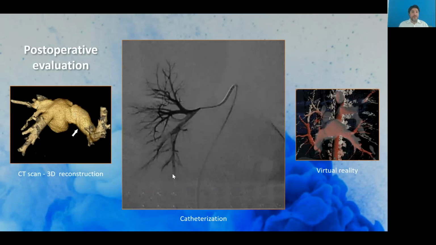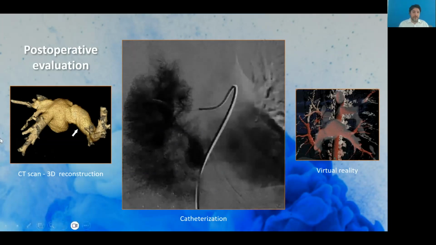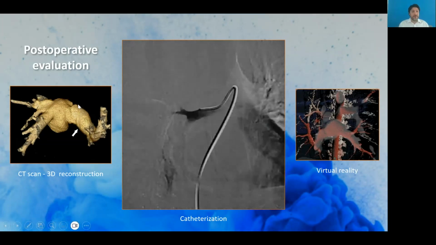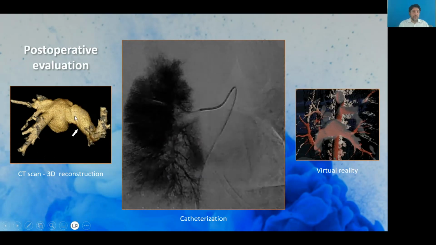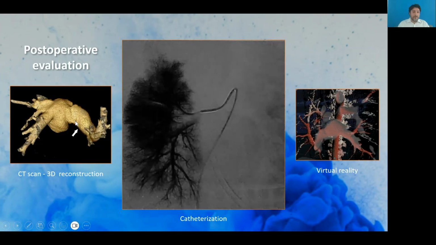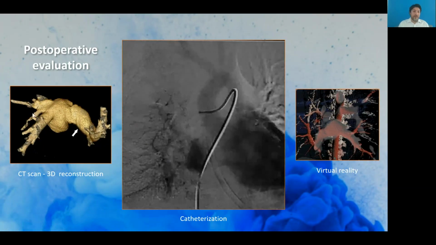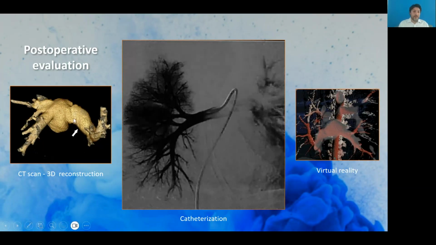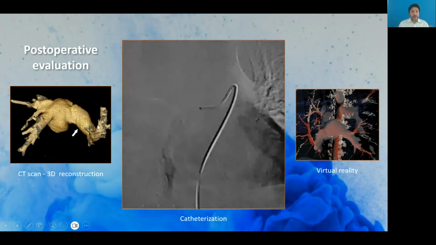And here you can see some post-operative images. Here you can see the reconstructed tunnel. You can see the scimitar vein, and all this is the tunnel that is redirecting flow to the left atrium.